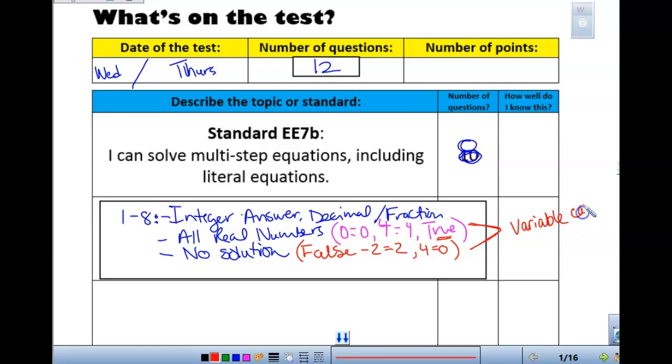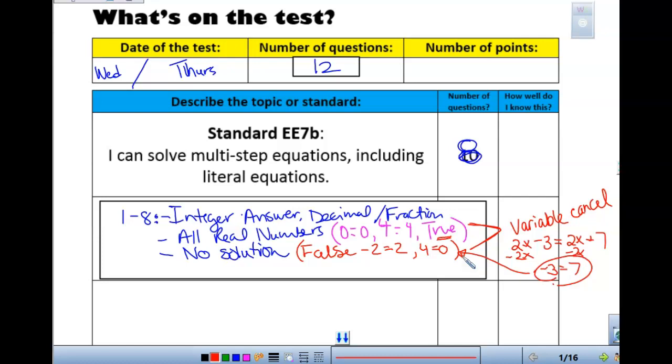What do I mean by the variables cancel? You have something like 2x minus 3 equals 2x plus 7, right? So the variable is exactly the same on both sides. And when I subtract 2x, I got -3 equals 7. And I knew that was false, which meant I had no solution. So that's what you got to keep in mind.